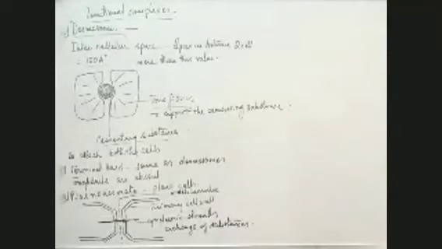Now another modification of plasma membrane. Till now I have told you 2 modifications. First was microvilli, and the second was junctional complexes, and there were 6 types of junctional complexes.